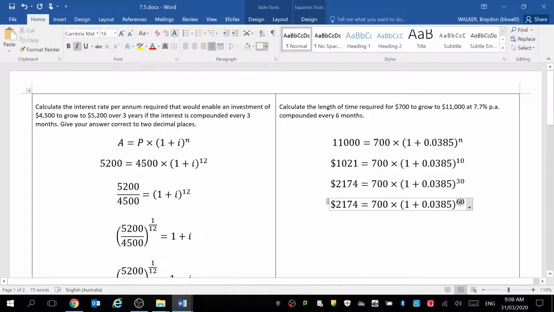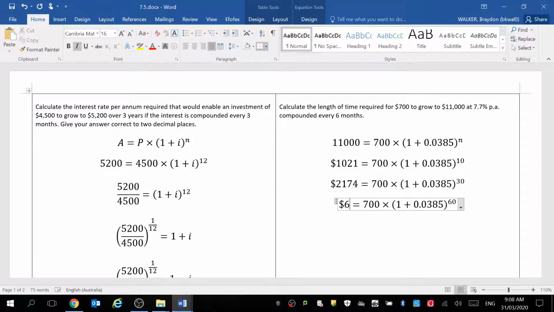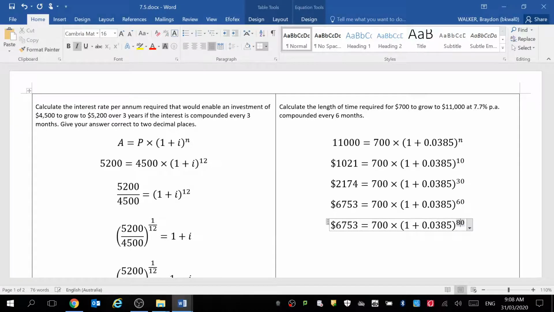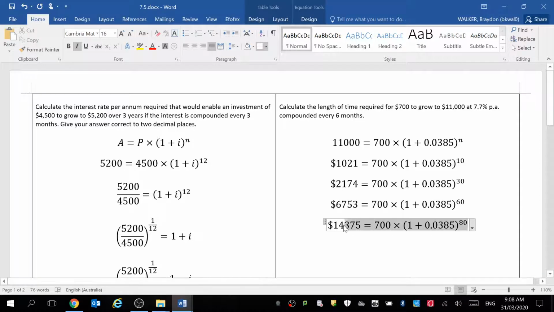At 60, so doubling, we end up with $6,753 rounded up. So we're getting closer, but definitely not close enough. Let's try 80. Okay, now when I've substituted 80 into my calculator, I end up with $14,375. So now we've gone far too big.